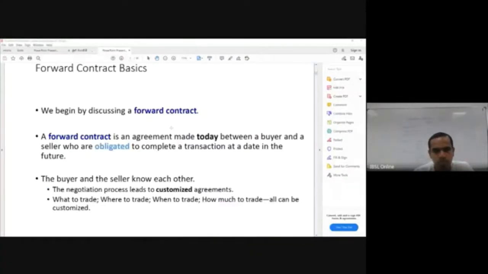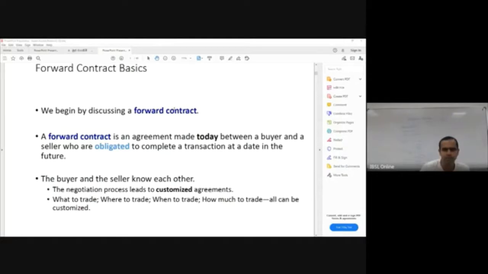Right, so let's move on to the next area. Forwards, we have done exchange rate forwards. Remember the forward rate calculation? Forward is equal to spot times 1 plus the interest rate of the counter currency divided by 1 plus the interest rate of the base.